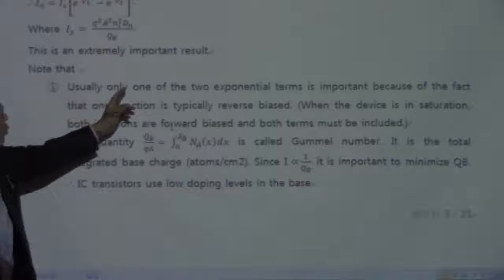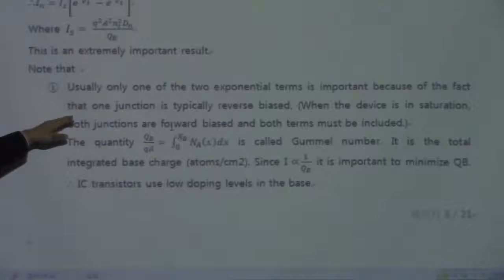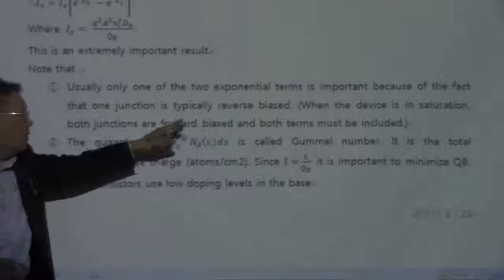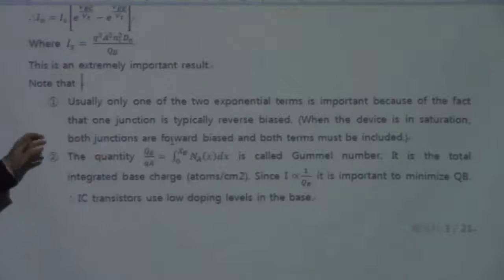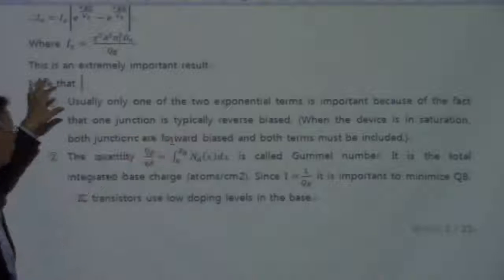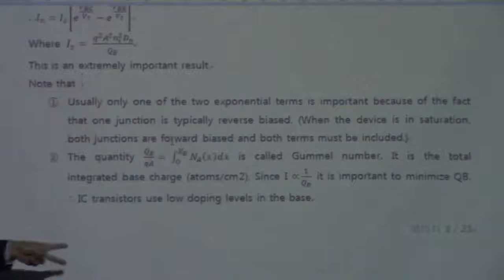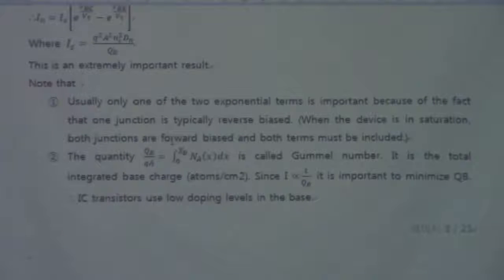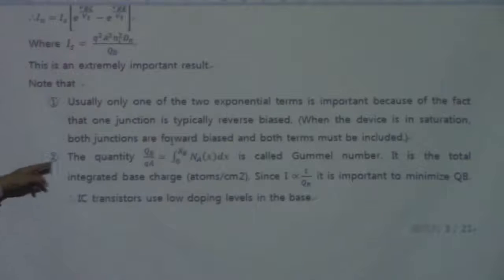So usually only one of two exponential terms is important because one junction is typically reverse biased. When the device is in saturation, both junctions are forward biased, and both terms must be included. This is the exception. But usually one of the junctions is going to be reverse biased, so in this equation, the current is controlled by one of these two terms.